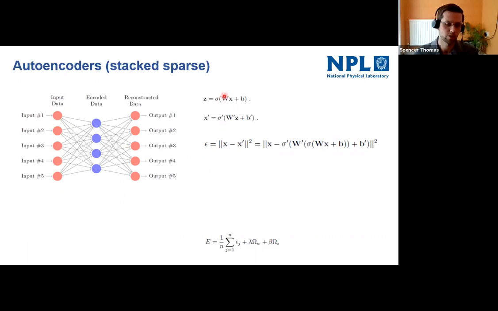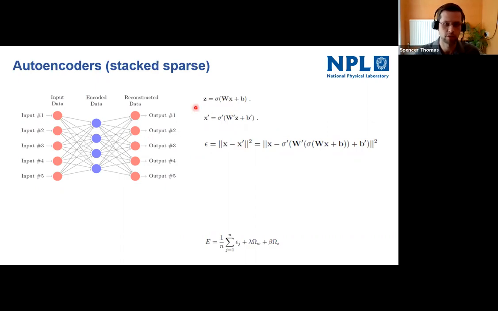I use sigmoid in the following slides. For a lot of the tasks I use, I find it is better for those given tasks, but I'm happy to discuss that more with people afterwards.